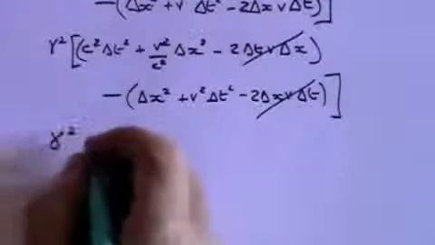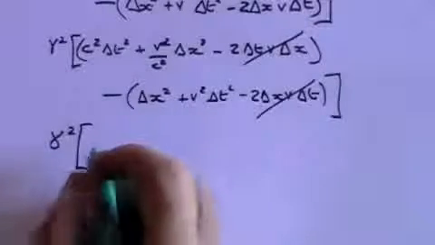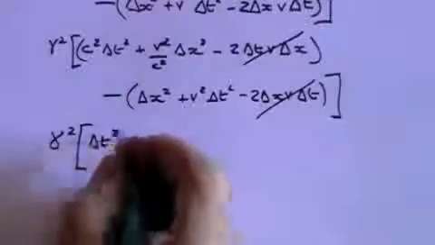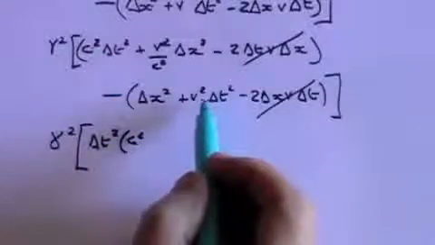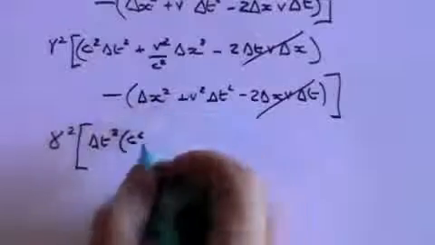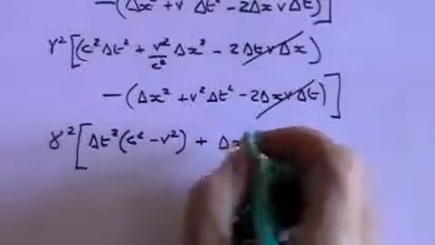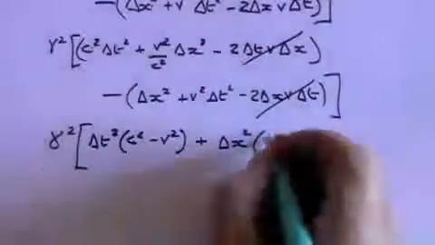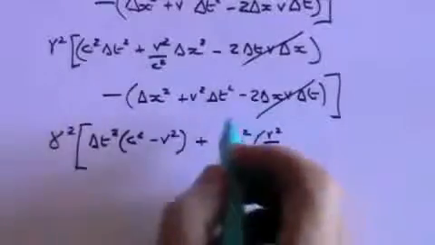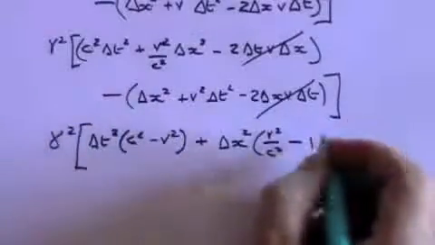And now what have we got? We've got gamma squared into, gather up all the terms for delta t squared, that's delta t squared into c squared minus v squared, plus, now gather up all the terms which refer to delta x squared, so that's delta x squared into v squared over c squared minus 1.